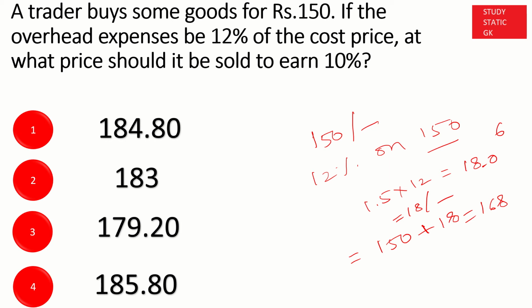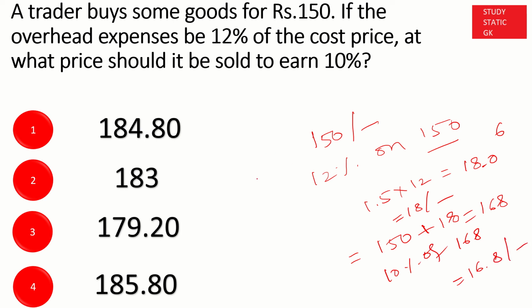In order to get a profit of 10%, what is the selling price? He is asking about the selling price. What is 10% of 168? It is nothing but 16.8 rupees.